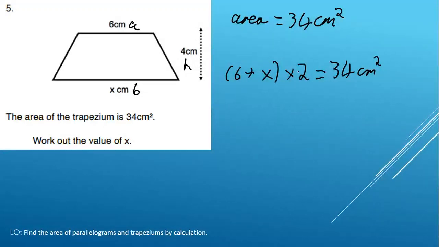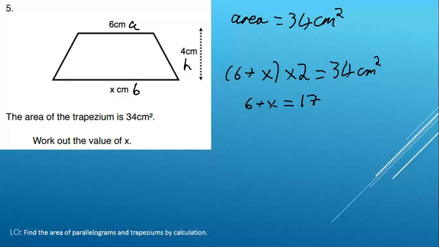So the first thing we can do is, if we remember our rearranging, we can divide everything by 2, which will remove the 2 from this side. So that'll leave us with 6 plus x, and again, we've divided everything by 2, so this side is divided by 2, so we just need to divide this side by 2, which would give us 17.